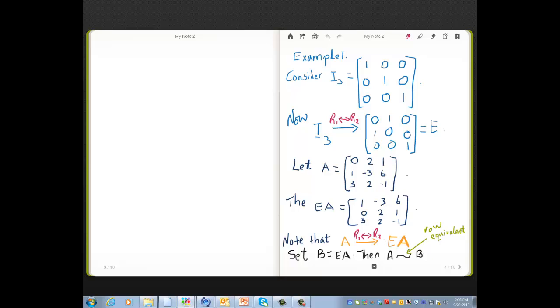So in the language of linear algebra, we say that A is row equivalent to B. That is, a matrix B is row equivalent to another matrix A, or vice versa. A is row equivalent to B if I can move from A to B by simple row operations.